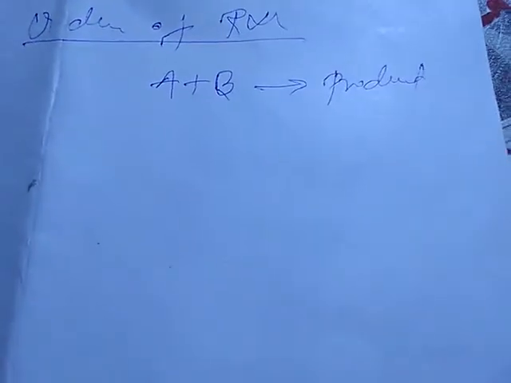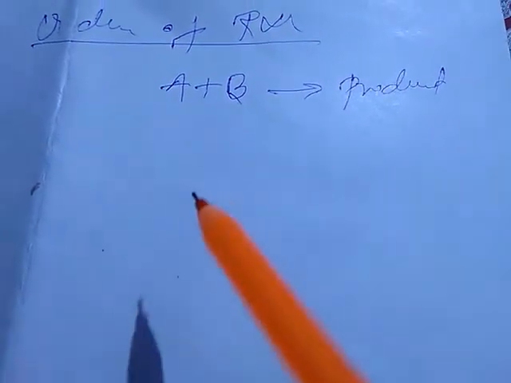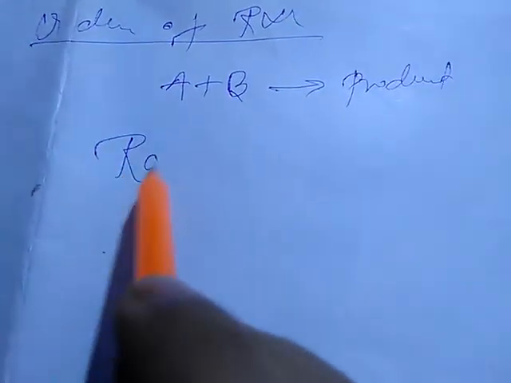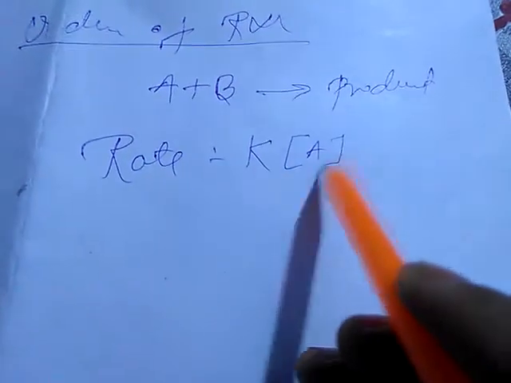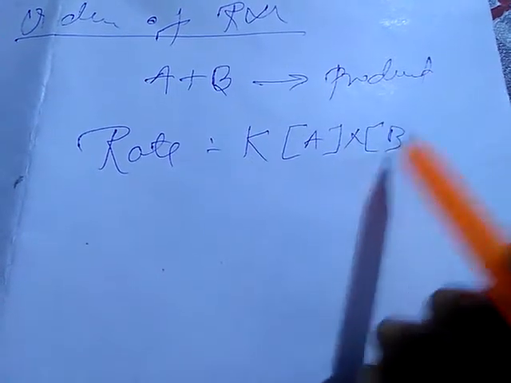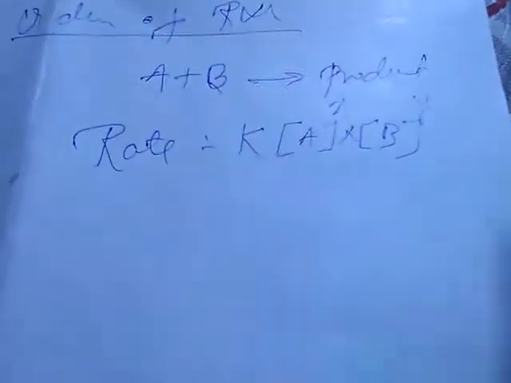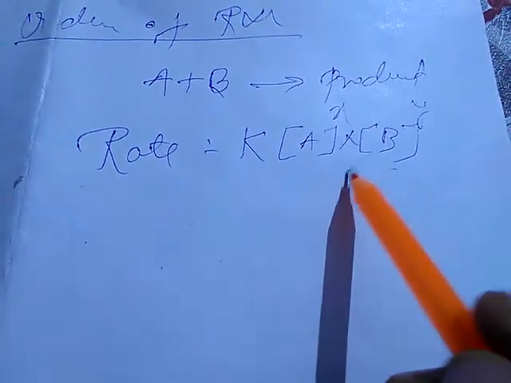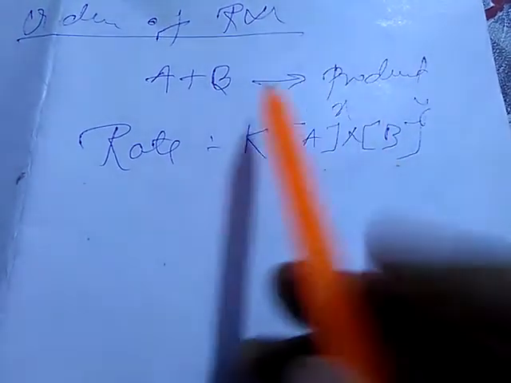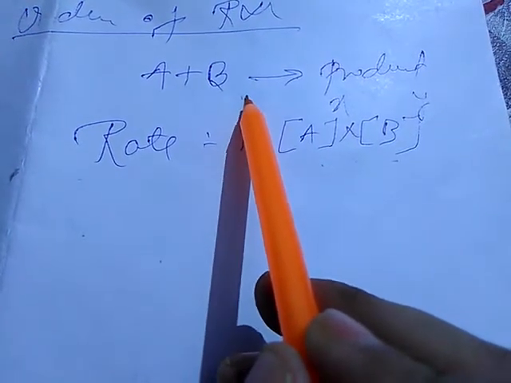If we write the rate equation or the rate expression for this hypothetical chemical reaction, then it would be: rate equals K, concentration of A raised to the power x into concentration of B raised to the power y. This is the rate equation written for the above hypothetical chemical reaction.